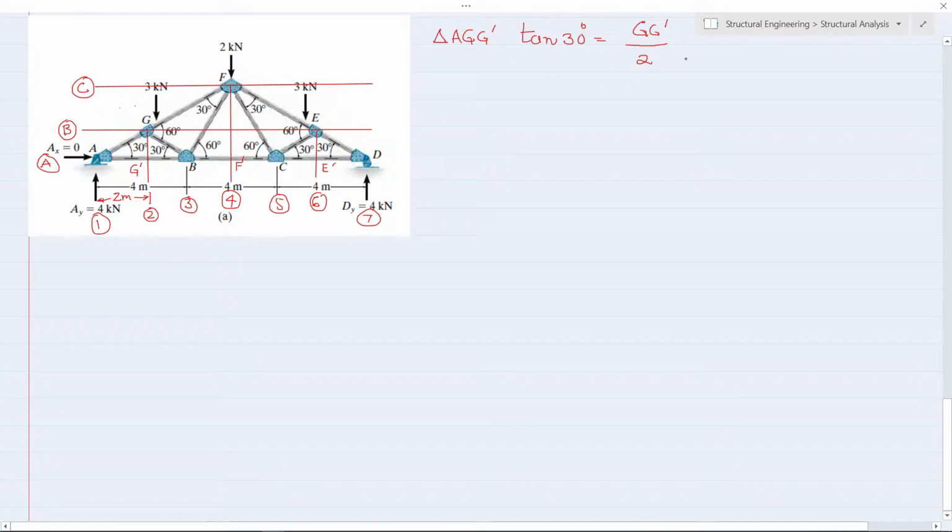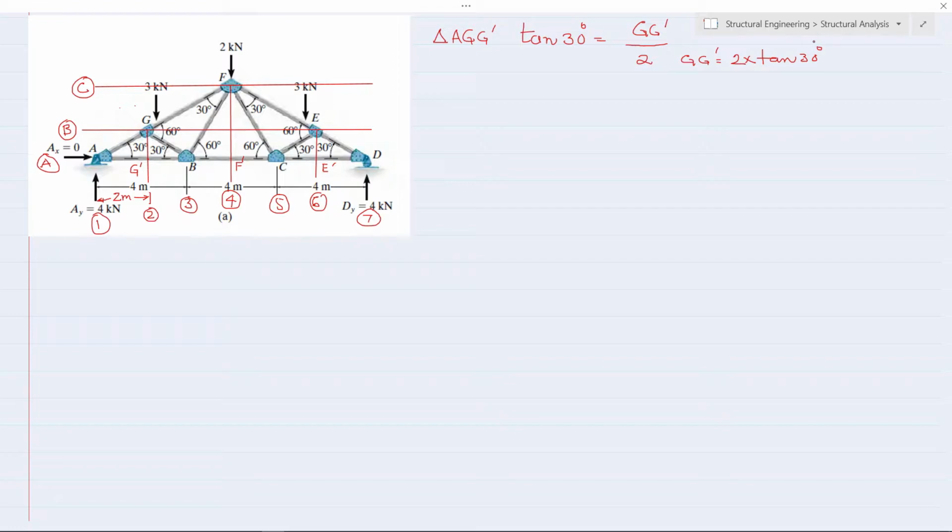So that means GG dash will be equal to 2 times tangent of 30 degrees. So let's evaluate. Tangent of 30 is 1 upon root 3, multiplied by 2.